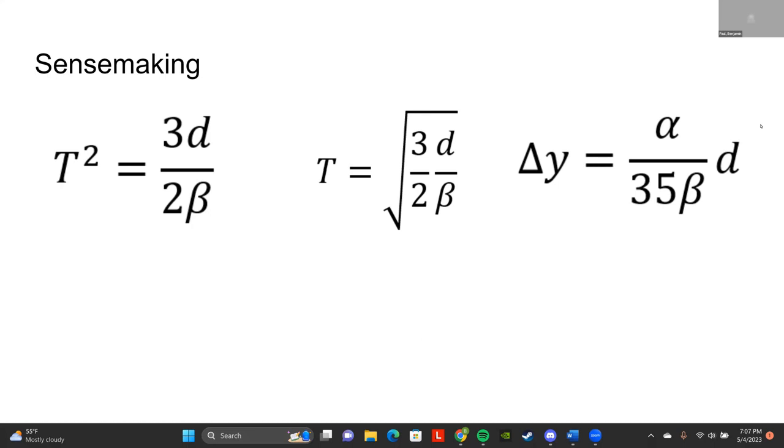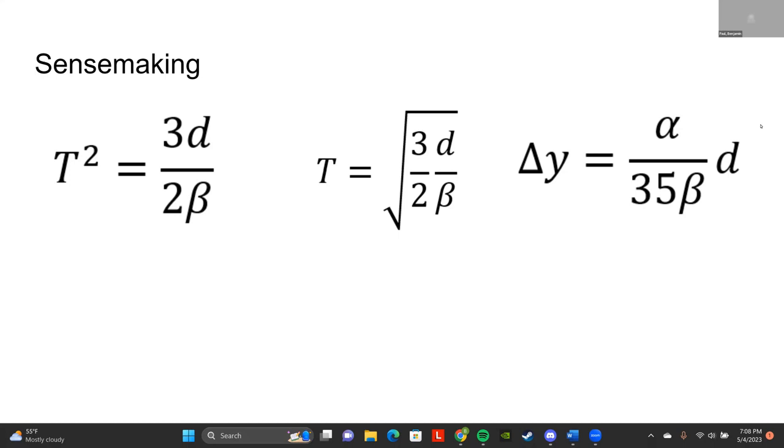We use the change in x equation to find big T because it had a distance, and got T squared equals 3D over 2 beta.